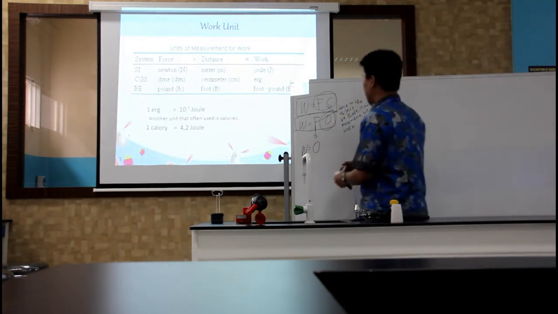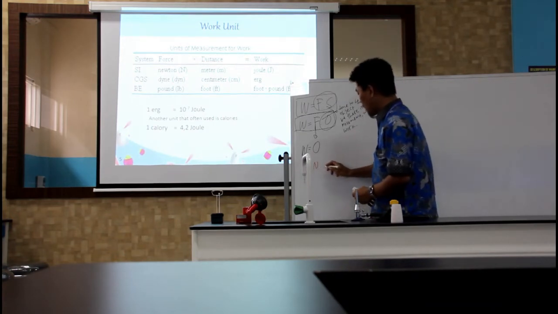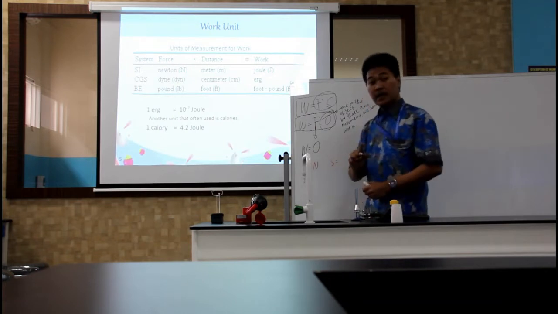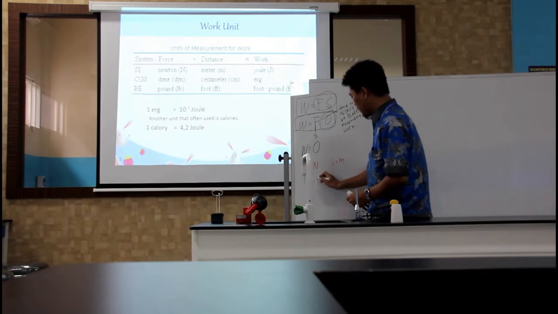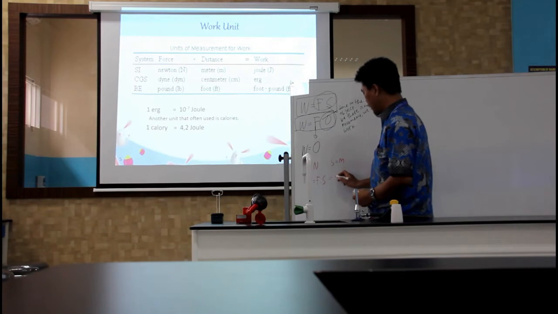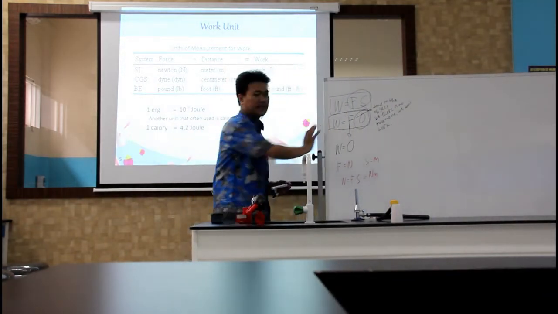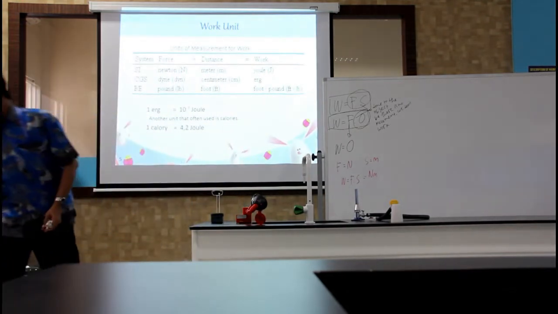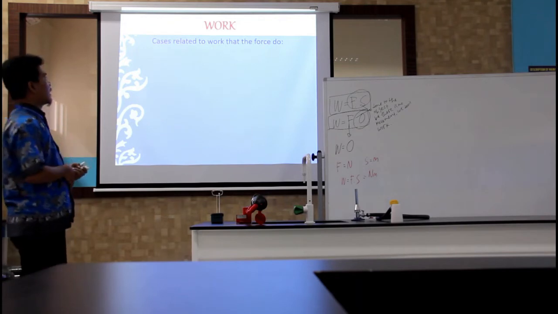What is the unit of force? Good, Newton. What is the unit of displacement? Good, meter. And then the unit of work is F multiplied by S, so Newton meter. Good. You are the best. Okay, next. Now we have the unit of work.